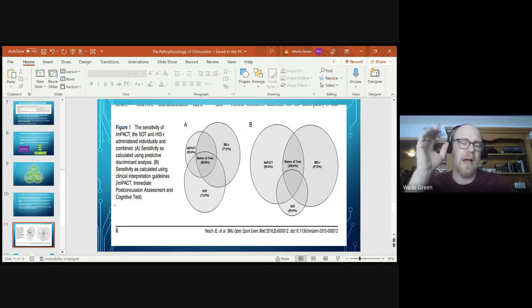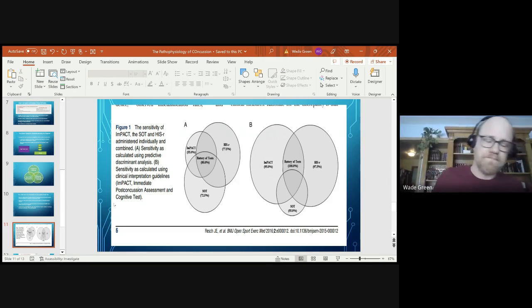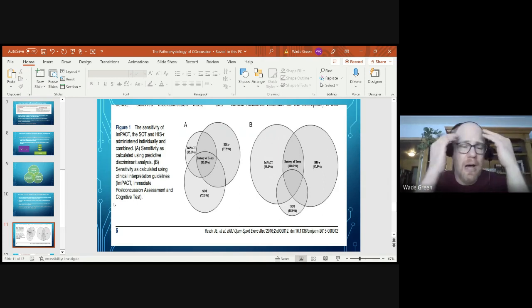Oh, you know what, guys? I totally just misread that. So sorry. Ultimately, looking at sensitivity while utilizing clinical interpretation guidelines within these tools, and that's something we'll talk about.